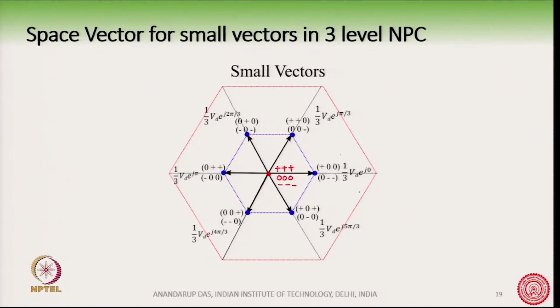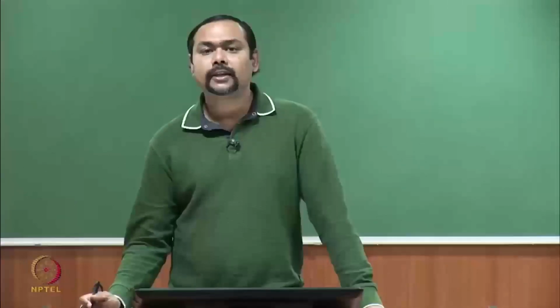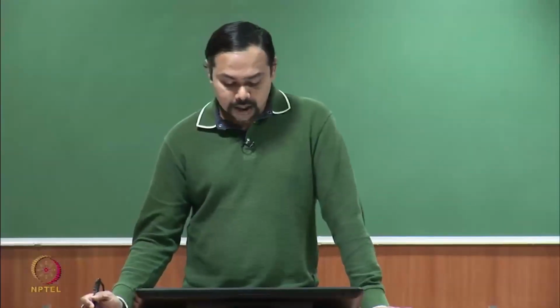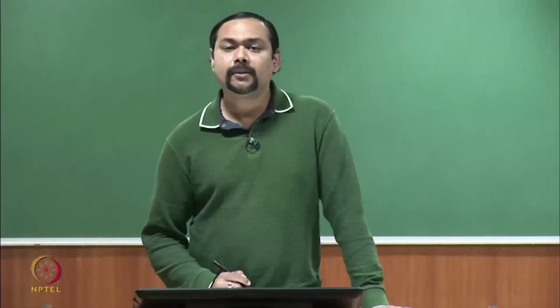However, for the medium vectors we see the magnitude is Vd by root 3, that is almost 0.577 Vd. So, it has a magnitude more than the small vectors, and therefore, these are called medium vectors.